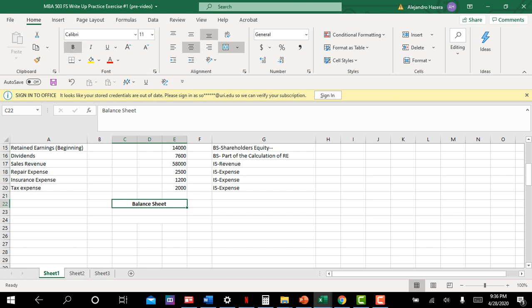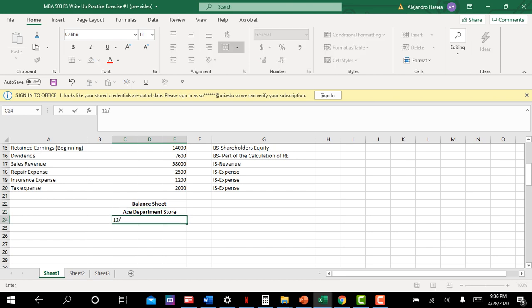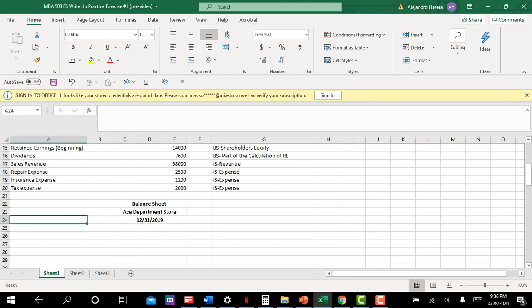I'll just call it the ACE department store. And I'm not going to be too fancy about it, but let's say this is the balance sheet as of 12/31/19. Okay. And I'm just doing this to emphasize you have to title this thing, and it's as of a specific date.